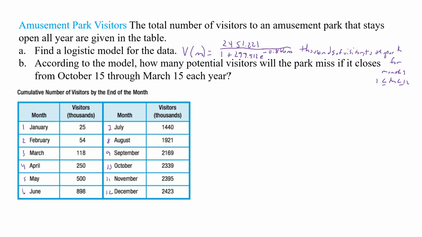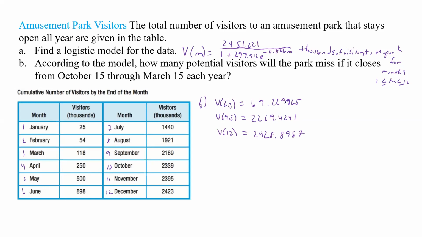Now, according to the model, how many potential visitors will the park miss if it closes? Well, for part B, we had several calculations. We had to figure out what V of 2.5 was, and that was 69.229965. We had to find V of 9.5. That was 2269.4241. We had to find V of 12, and that was 2428.8987.